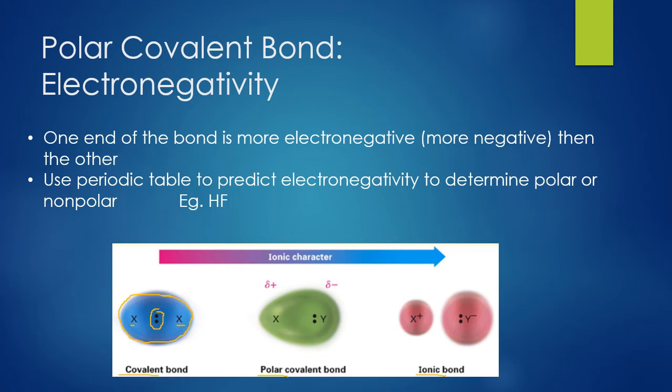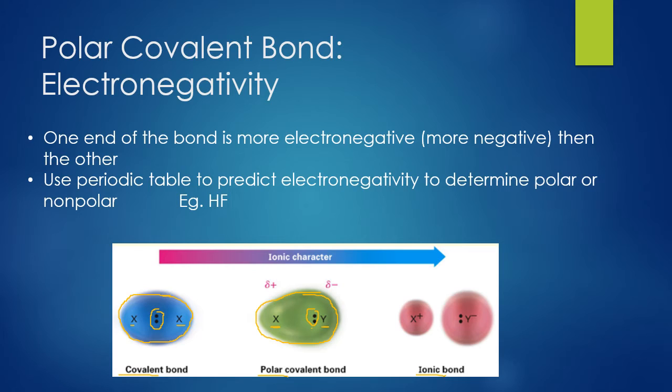However, sometimes they don't share the electrons equally. So in the next picture, we have a polar covalent bond. Notice we have X on one side and another atom, Y, on the other. Now notice where the electrons are this time. They're still sharing, we can see, because of this egg-shaped green sphere here, but it's not quite equal, it's not symmetrical.